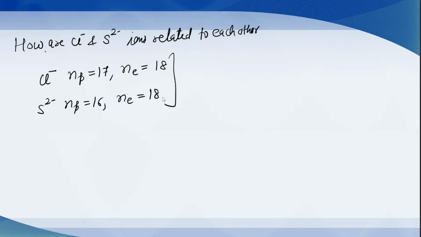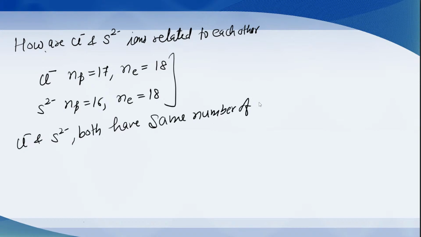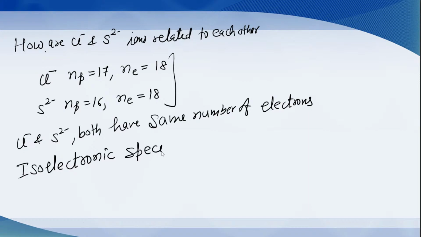That means Cl negative and S2 negative both have the same number of electrons. Such ions are called isoelectronic species. They are isoelectronic species because they have the same number of electrons.